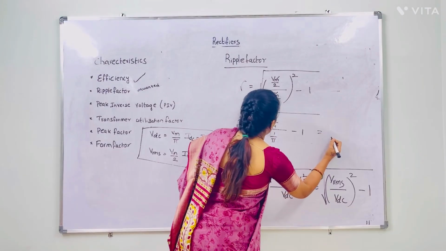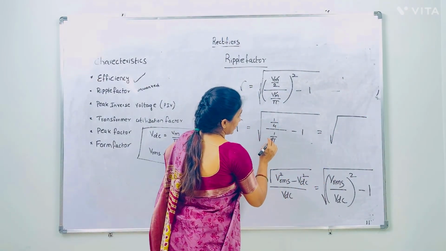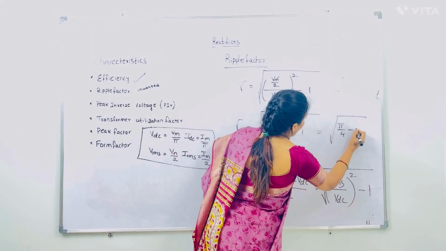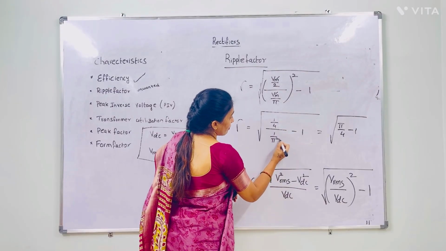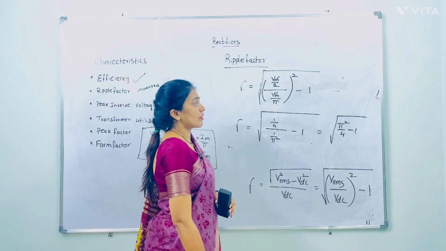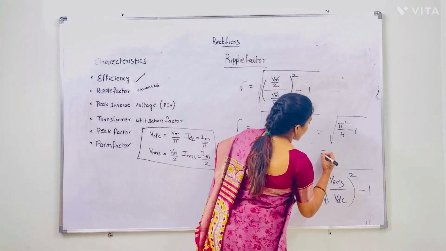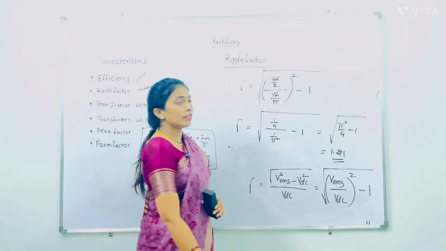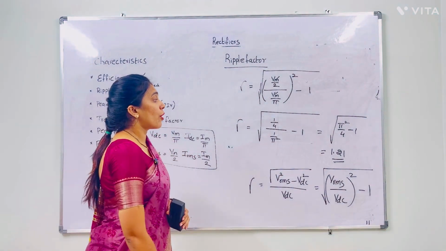After simplification we got under root pi square by 4 minus 1. This total term is 1.21, so the ripple factor is 1.21.